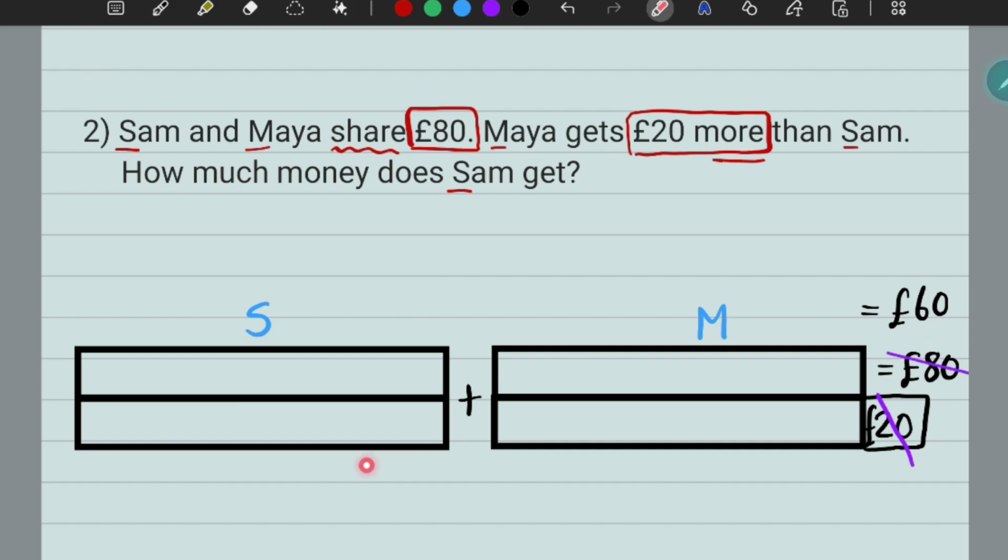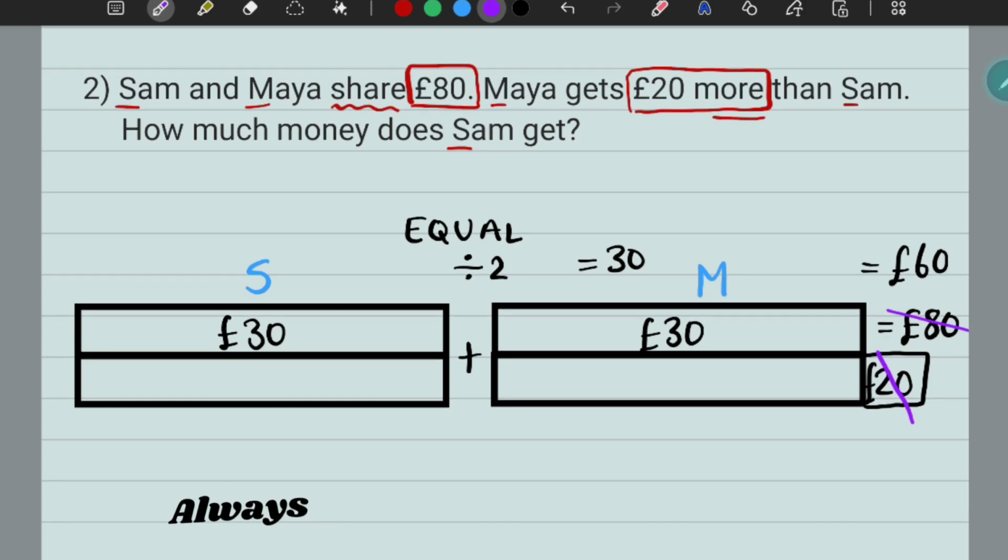Now, considering I now know that both of these boxes are equal, which is very important, then all I need to do is divide them by 2. So I'm going to divide 60 here by 2, and that will give me 30. So I know that Sam here has got 30, and Maya here has got 30 as well.